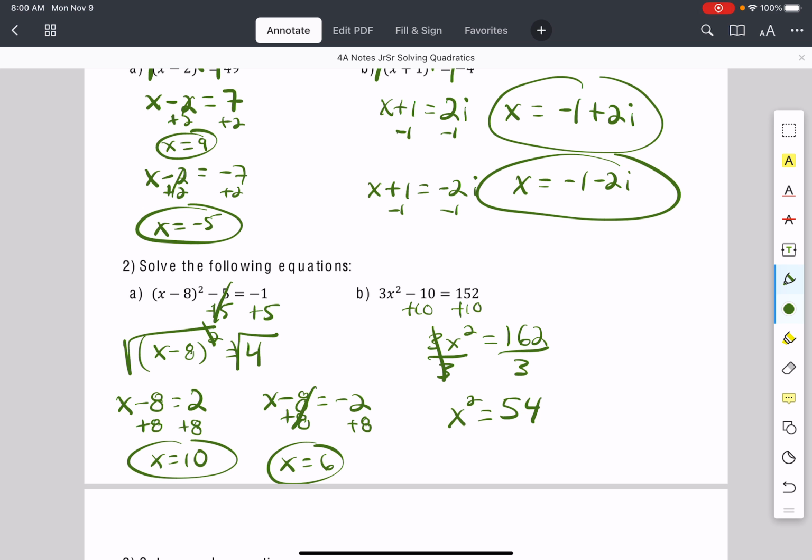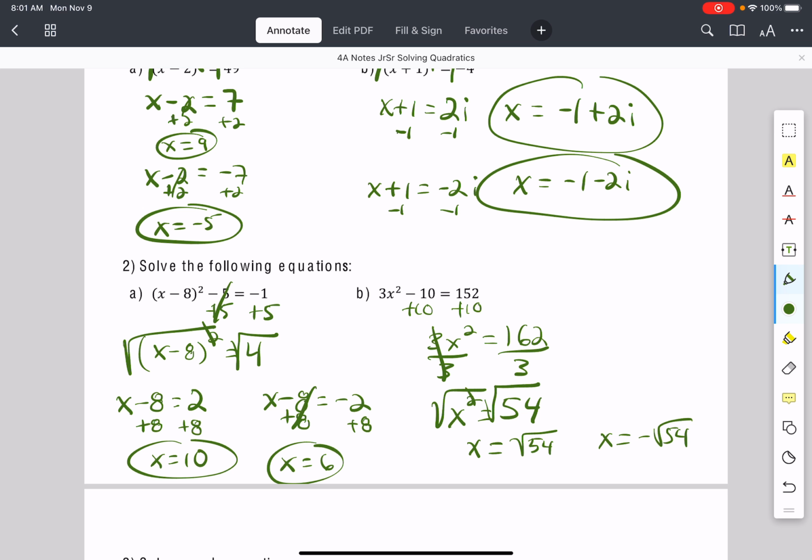Now what? Square root. So x equals the square root of 54 and the negative square root of 54. Am I done? No, never, right? What do I gotta do?